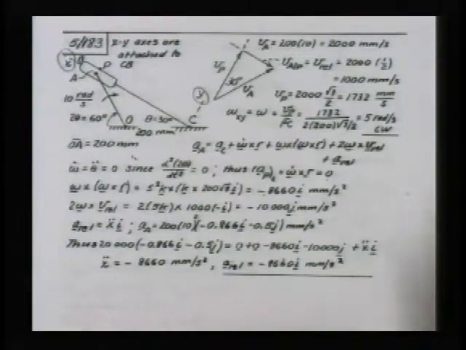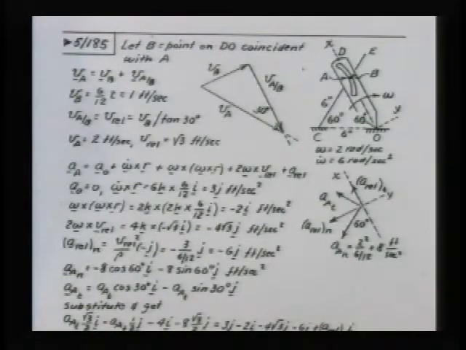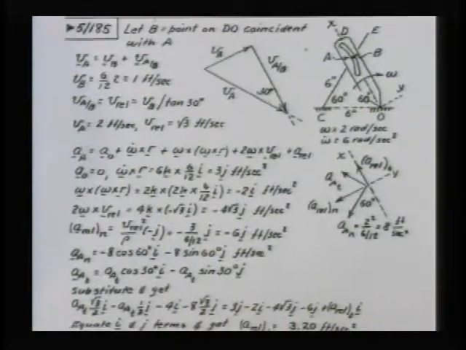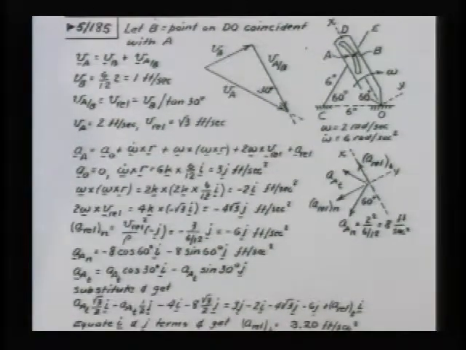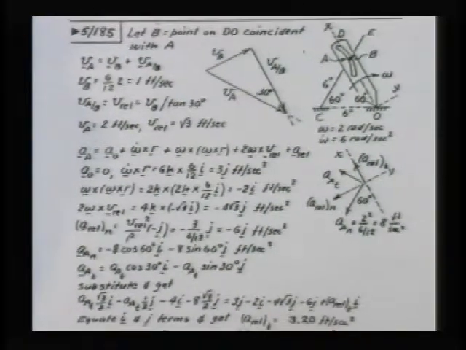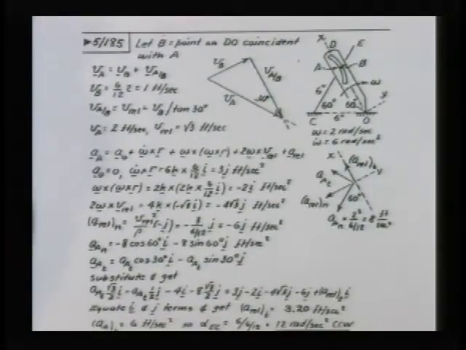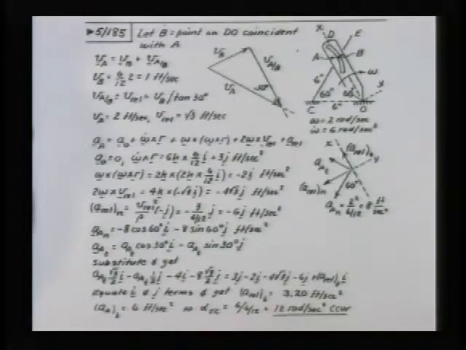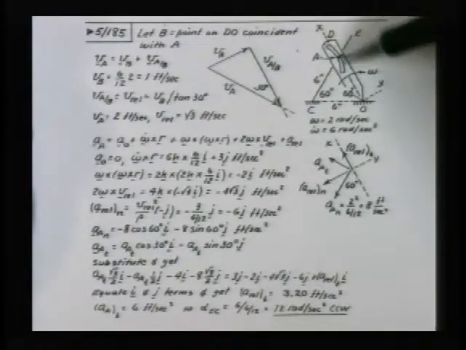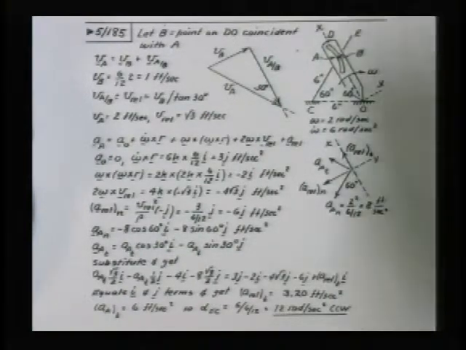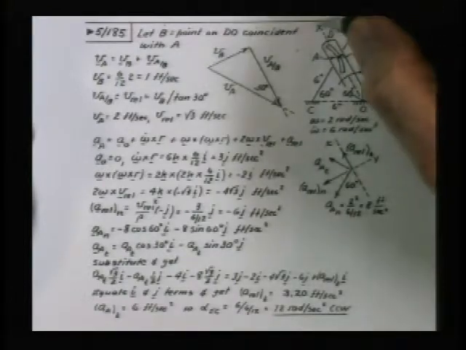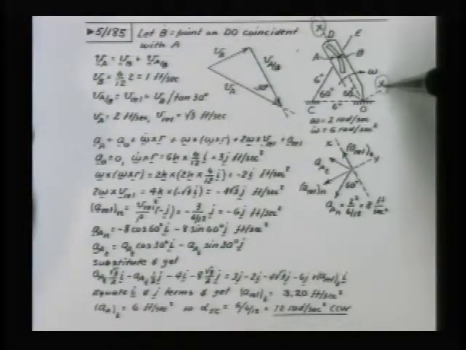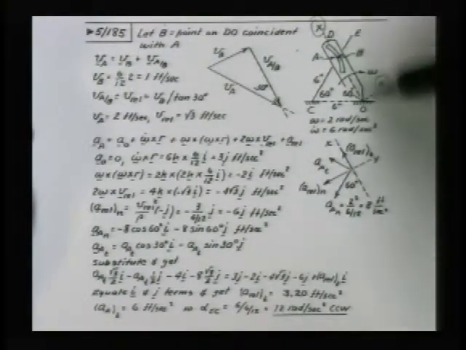And then finally, here's the solution by the authors for problem number 185. And we have a curved slot in this problem. Again, they were pretty good about drawing the axes that are rotating now with this slotted member.